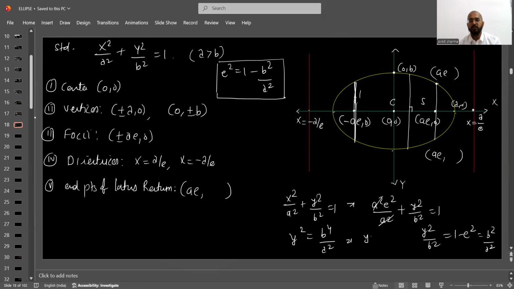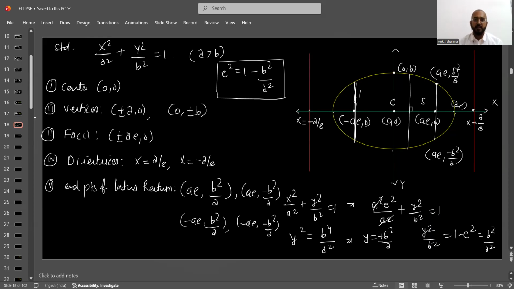So the y coordinate is going to be plus or minus b square over a. So this point right here is going to be ae comma b square over a, and this is going to be ae comma minus b square over a. Also for this side, we have minus ae comma b square by a and minus ae comma minus b square over a.